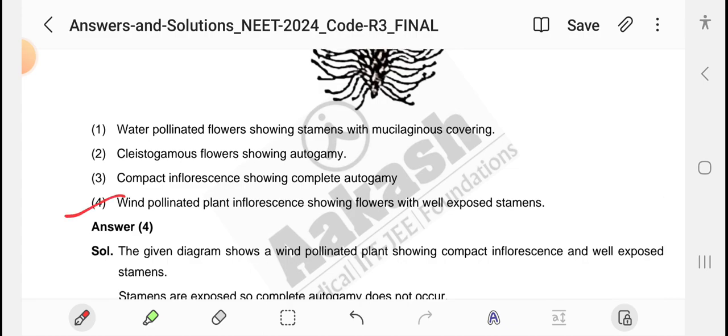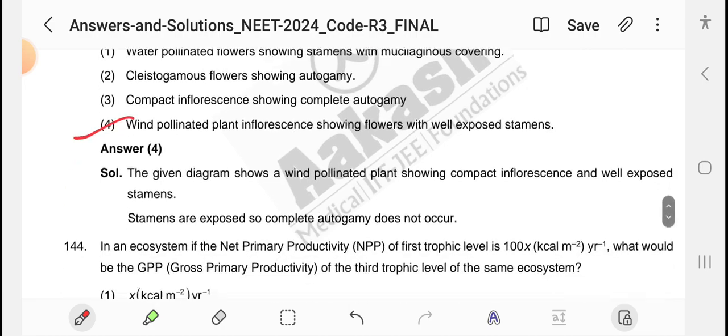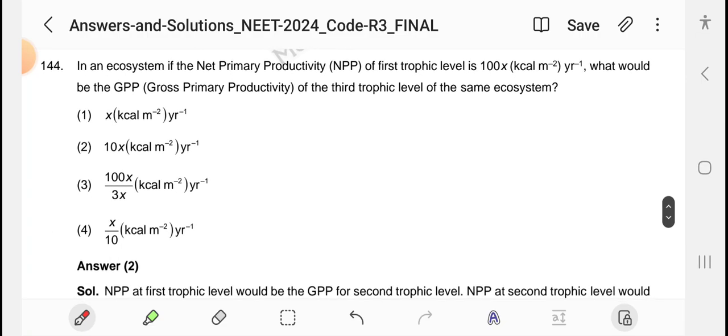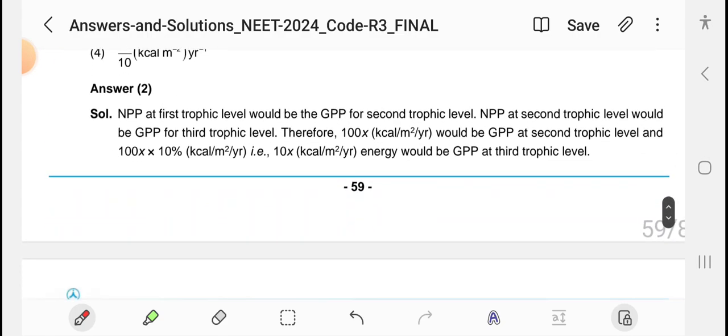Wind pollinated plant inflorescence showing flowers with well exposed stamens. So your next question, in an ecosystem, if the NPP of the first trophic level is 100, what would be the GPP of the third trophic level of the same ecosystem? So your correct option for this question would be option number 2.